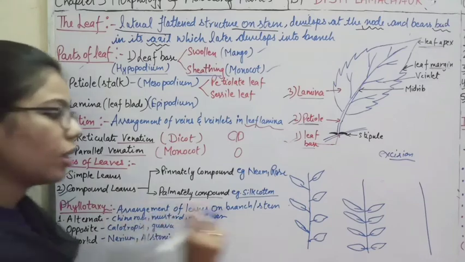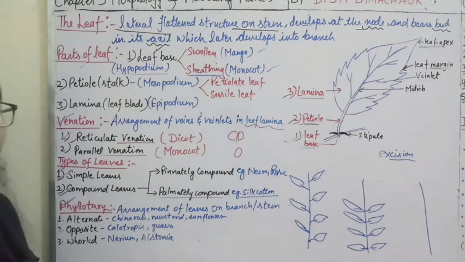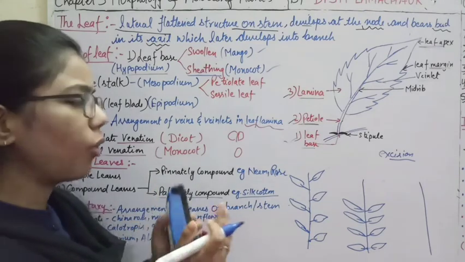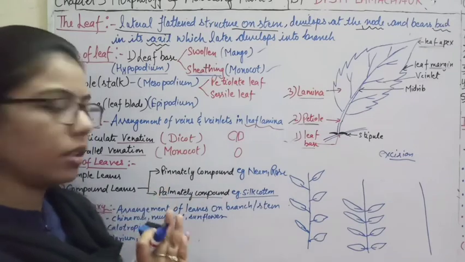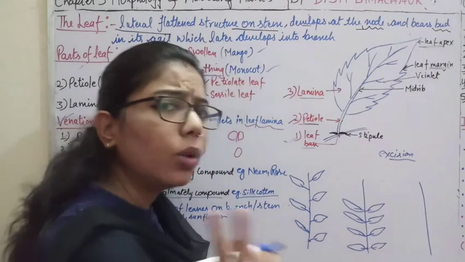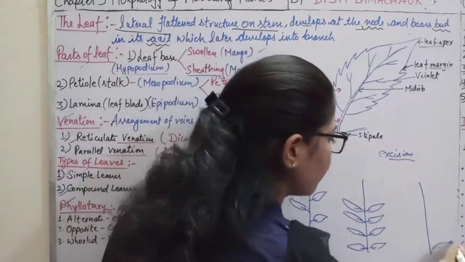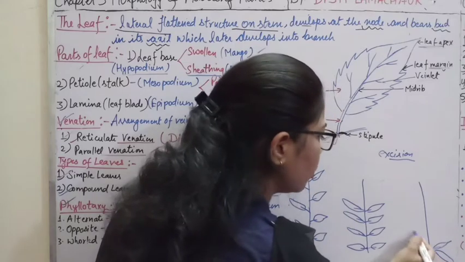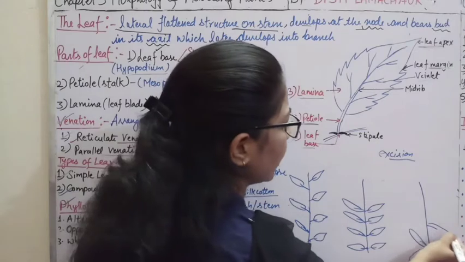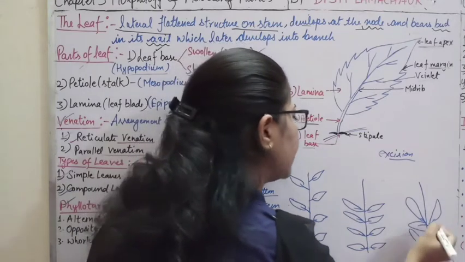We have done alternate, we have done opposite, and the third one is whorled. Whorl means something in a circular form. Which is forming some circular structure, it is known as whorled. In the case of whorled, from each node there will be more than two leaves, like this, and again here there will be more leaves.